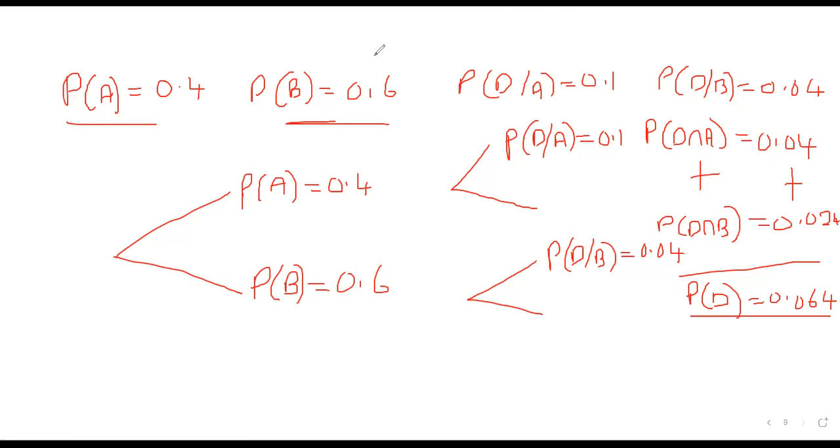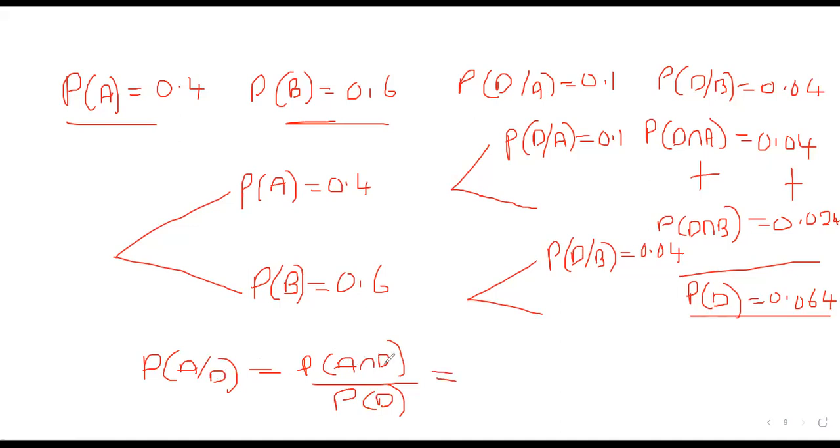Then the next question they'll actually ask you, now what is the opposite of this? What is A given D? So expanding this, A given D will be A intersection D over the probability of D. Remember the D comes down, then intersect the two letters.